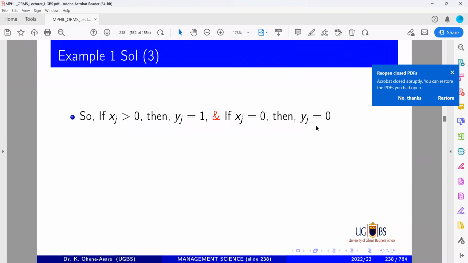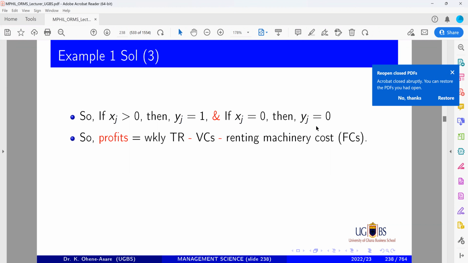Whilst you are producing, you have incurred the machinery cost too. So that one is one time, that is Y equal to 1. But when it comes to the X, it's positive, it's multiple times. So take note of that. Okay. And on the basis of that, we can now formulate our profit function, and then we can write our objective function. Yes, normally I delay like this because I want some of you to ask questions.